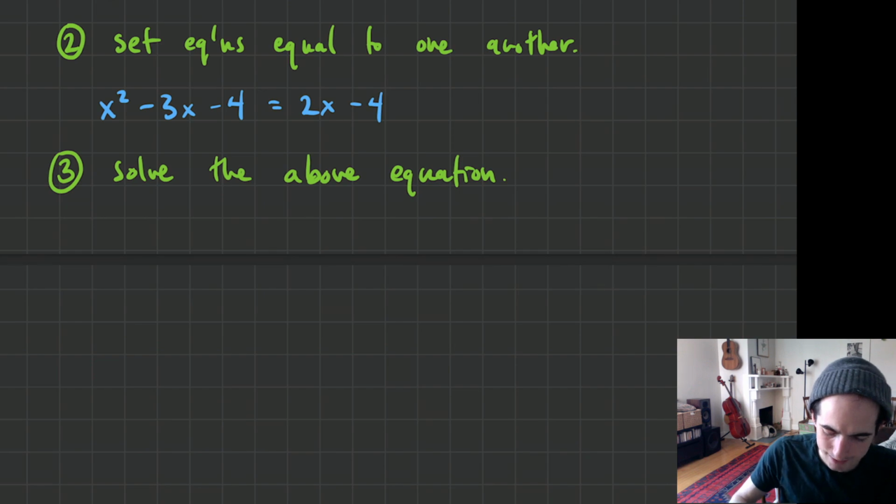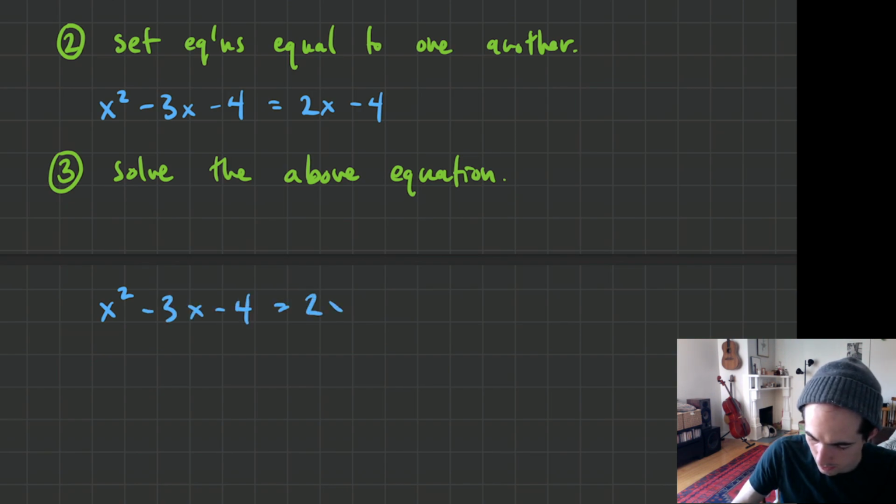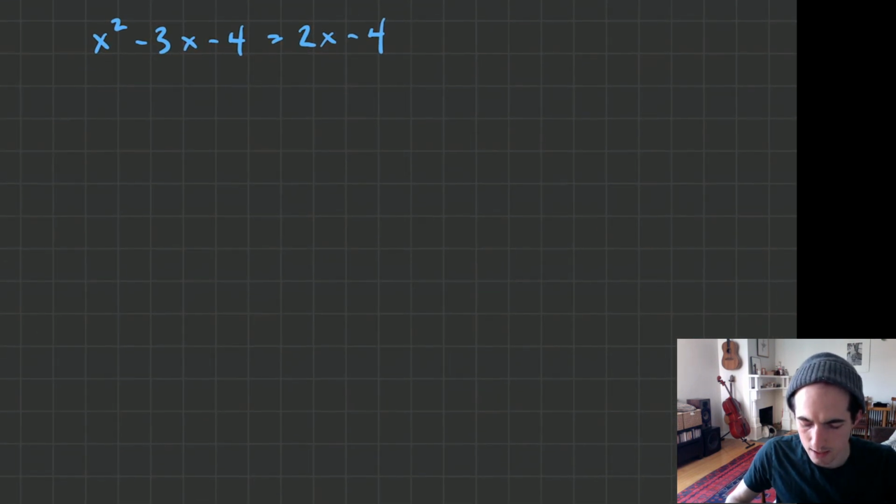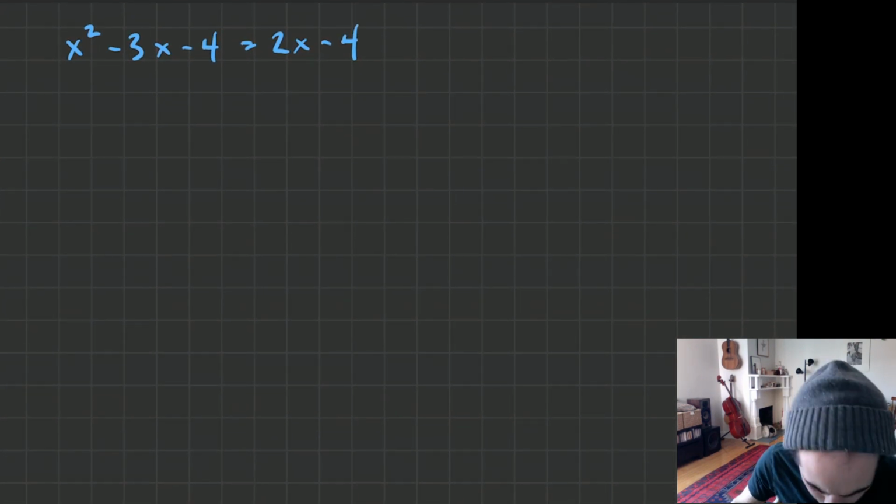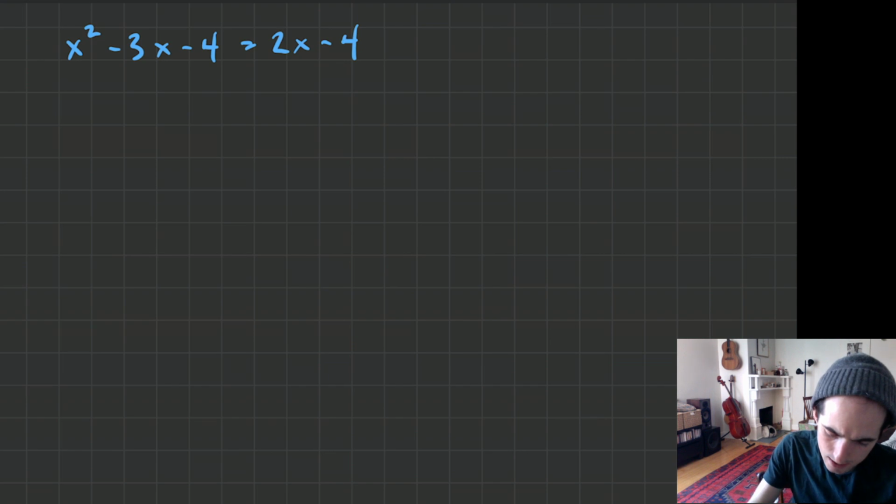Okay, so let's go ahead and do that. Well, I'm going to rewrite it again down here, and I'll give myself a little more room to work with. So x squared minus 3x minus 4 equals 2x minus 4. Let's jump right into this one. So I'm gonna add 4 to both sides, effectively canceling out this minus 4.